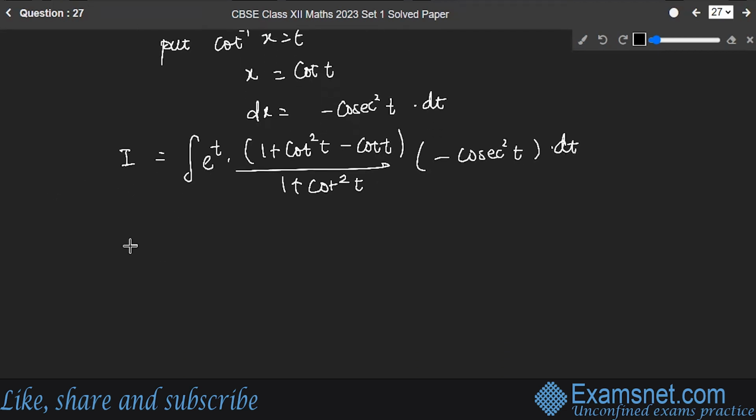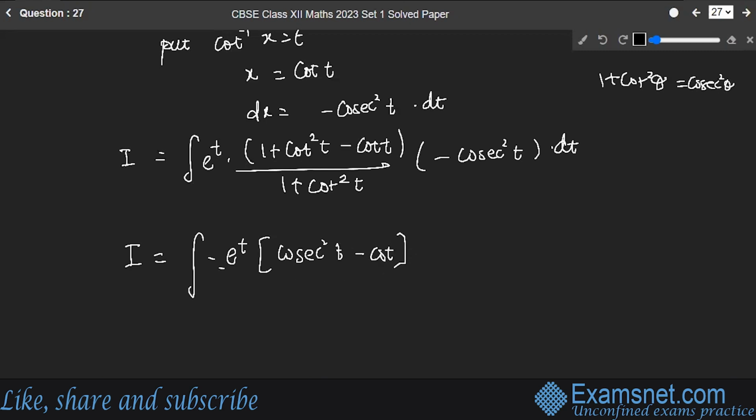So now this integral I becomes minus e raised to power t, 1 plus cot square theta is equal to cosecant square theta. So this is equal to cosecant square t minus cot t divided by 1 plus cot square t, I will again write it as cosecant square t only, into cosecant square t into dt.